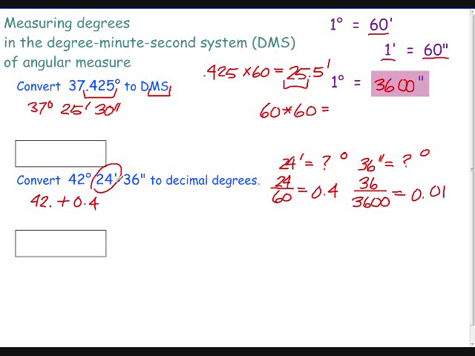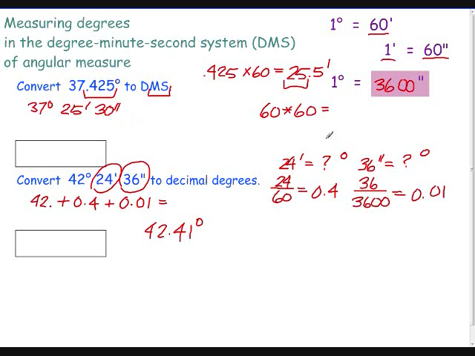So we need to add 0.4, that's the 24 minutes, 4/10, plus 0.01, 100th, that's this one. We put those all together and we get our answer of 42.41 degrees. So we can go either way.